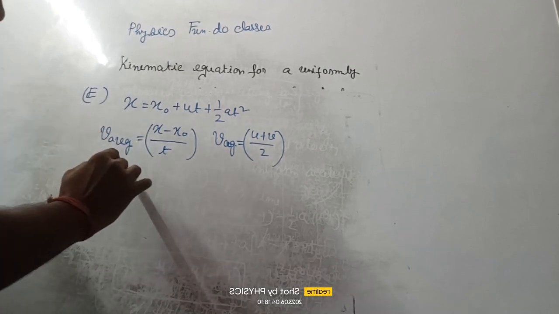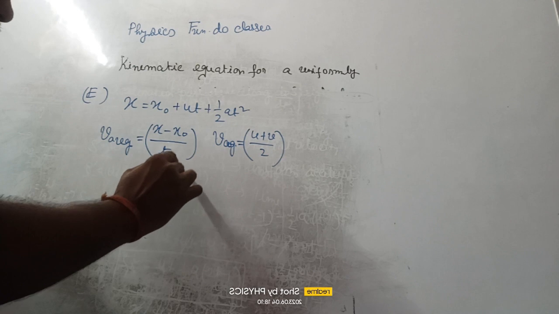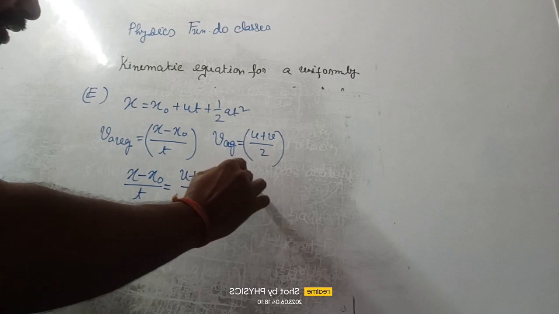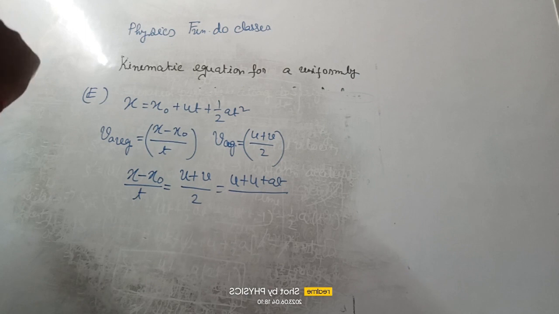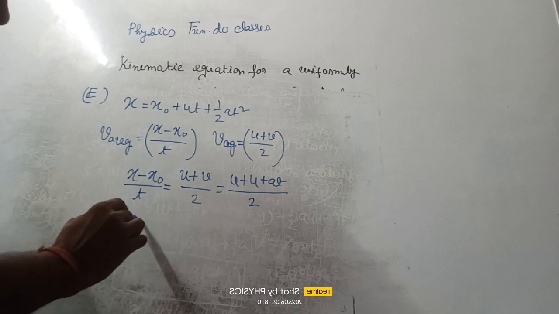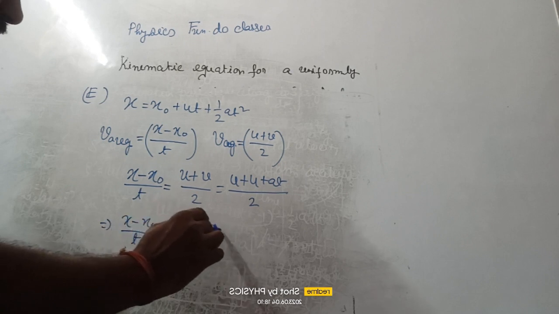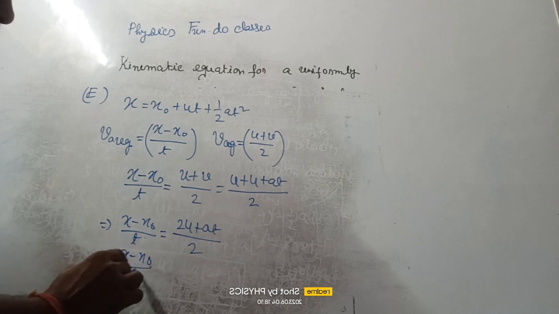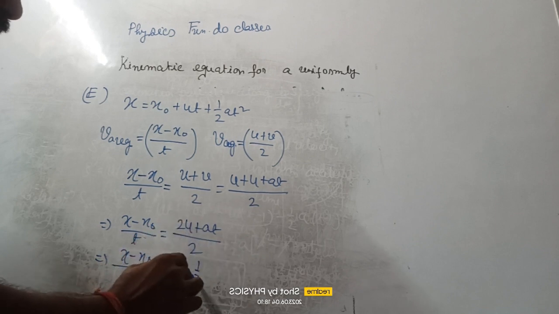Now equating this, x minus x0 by t is equal to u plus v by 2, that is equal to u plus (u plus at) by 2, replacing v by u plus at. Now we have x minus x0 by t equal to 2u plus at by 2, that is 2u by 2, means u, and at by 2, half of at.